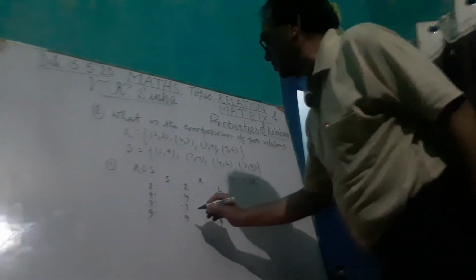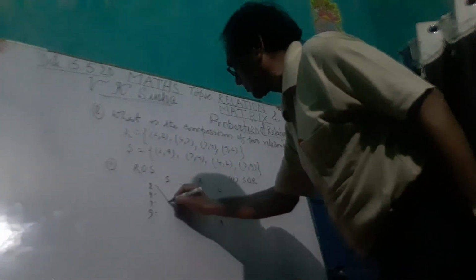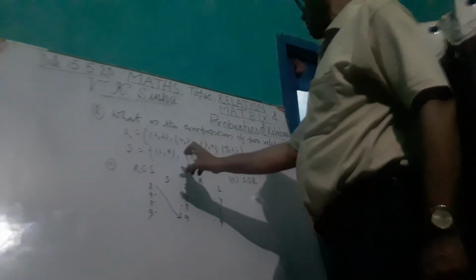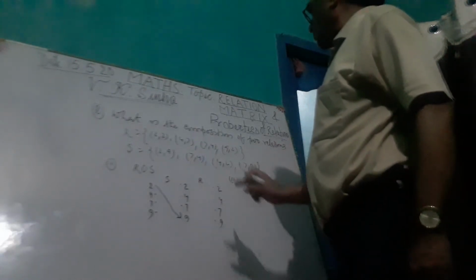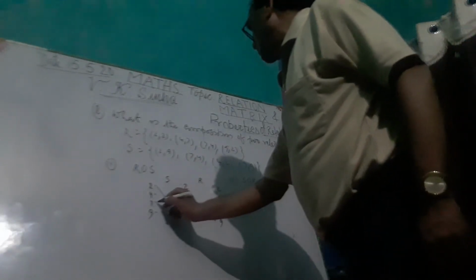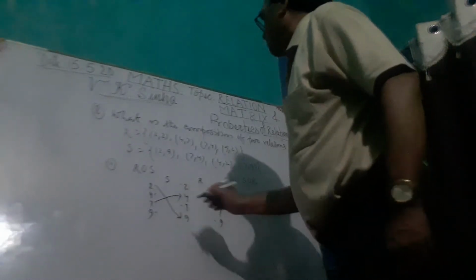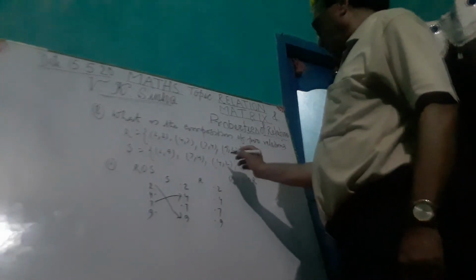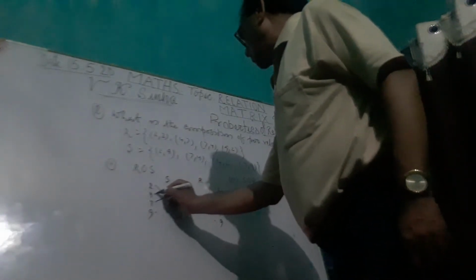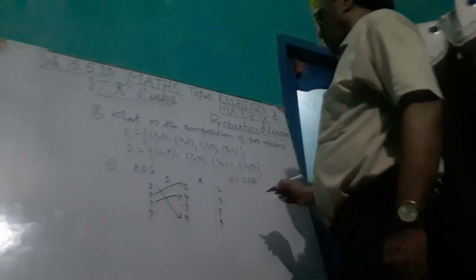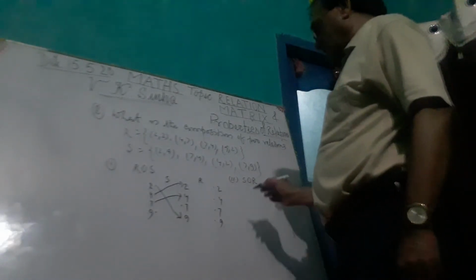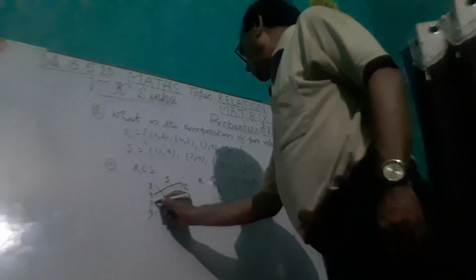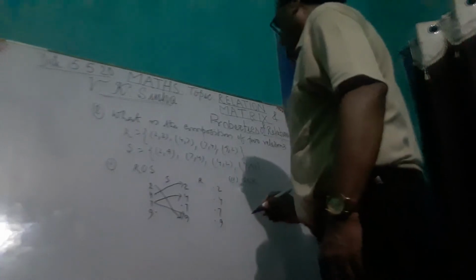So 2 is connected with 9, like this, and 7 is connected to 4, and 4 is connected to 2, and next 7 is connected to 9, like this.